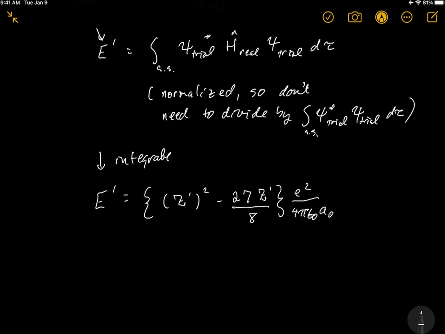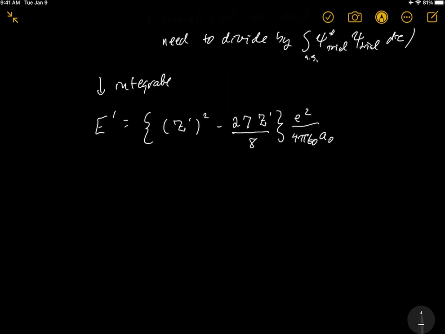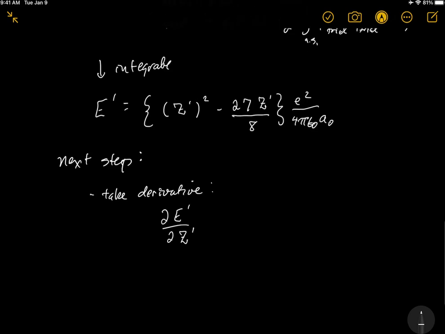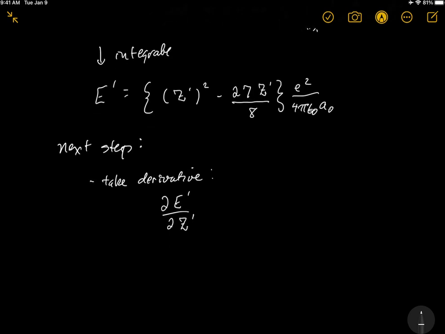Then we have to go back to the variational method, which is to take the derivative, dE prime dZ prime, and we set it equal to 0.